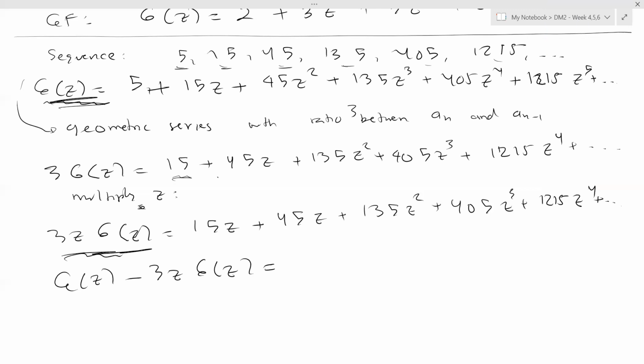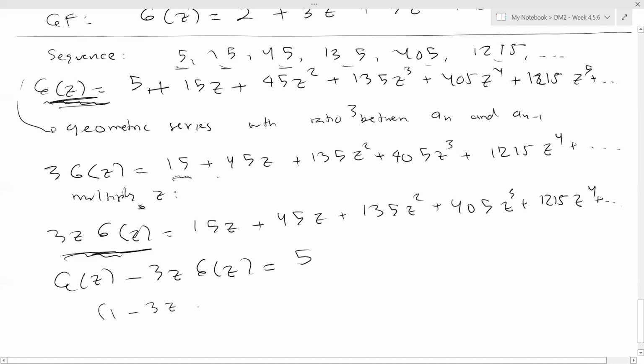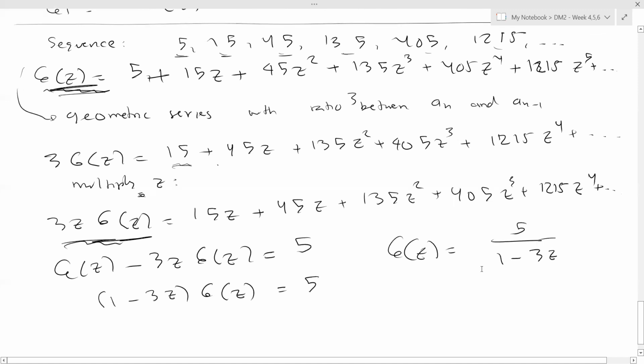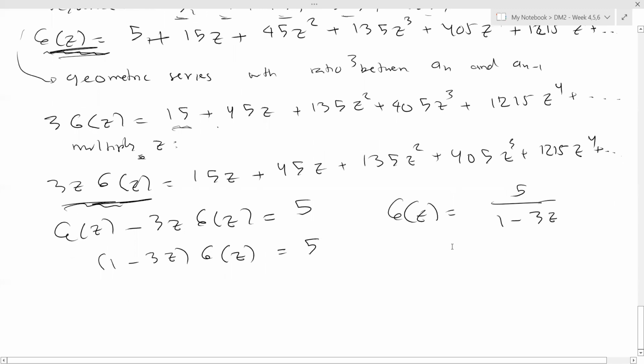What do you get? 5. Yes, exactly. That's just 5. So now with that, we could simply factorize the left hand side. So you have (1 minus 3z) times G(z) is 5. So therefore, G(z) is 5 over 1 minus 3z. Good.